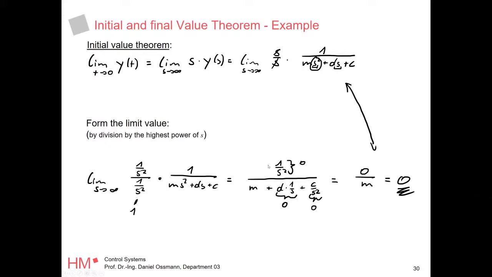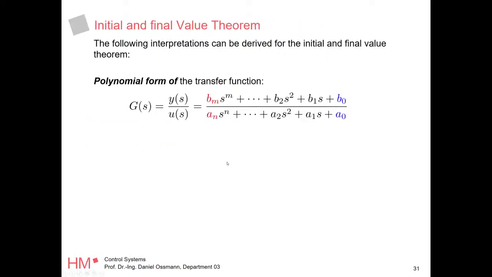Let's keep on going with 2 more slides, and then I have some examples to calculate on. From this initial and final value theorem, we can actually derive some really nice interpretations. Let's say we have an arbitrary transfer function like this one here, right?